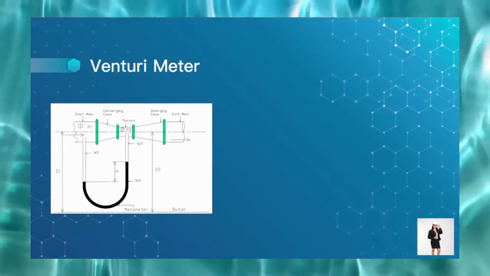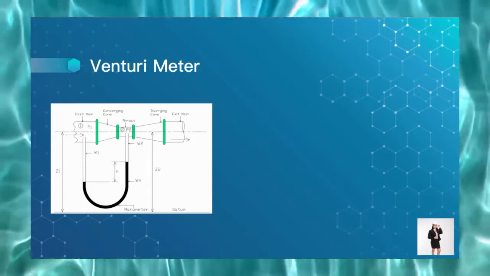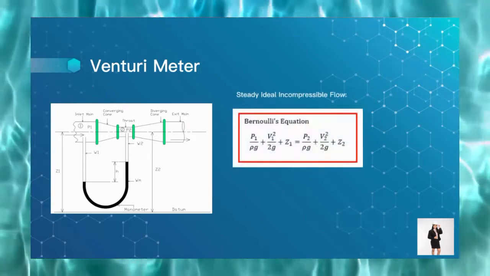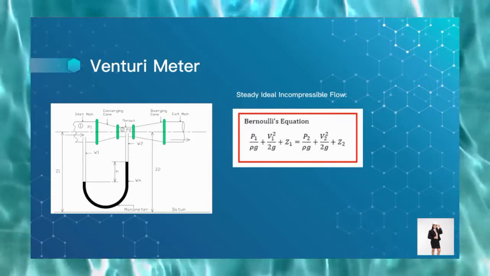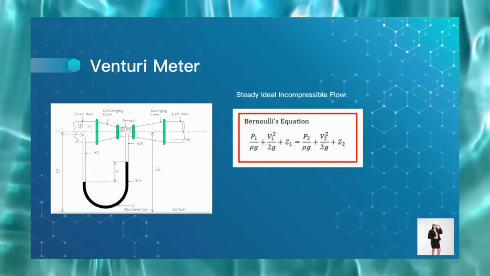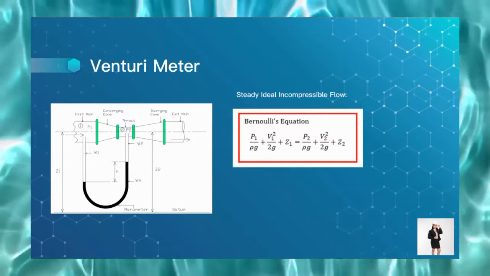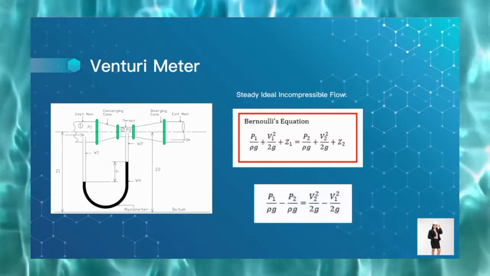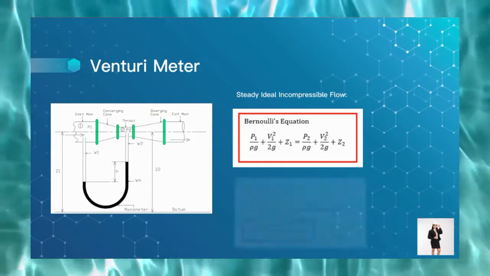This pressure differential follows Bernoulli's equation, which can be expressed as follows. Since the pipeline is horizontal, based on the illustration, Z sub 1 is equal to Z sub 2. So we can cancel them out from Bernoulli's equation, and by doing that, we can arrive at this expression. Now, by rearranging this expression, we can get the pressure head difference.